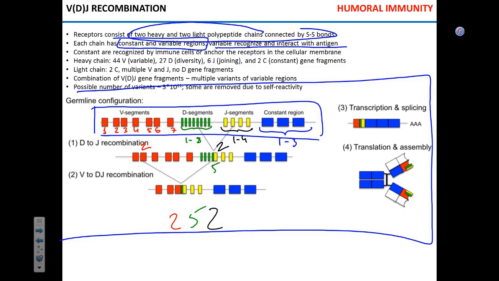Now, if you have 44 variable segments, 27 D and 6 J, do not memorize the numbers, please. You can imagine that the quantity of the combinations between these segments is huge. You got it? And on top of that, you have multiple different variable and joining segments for the light chain. It was only for heavy.